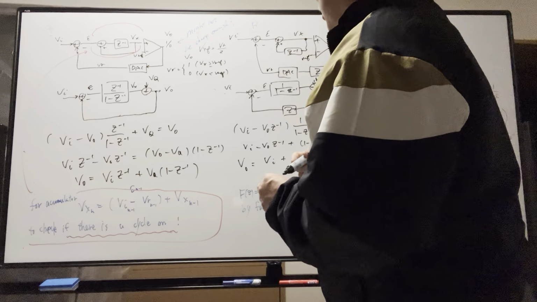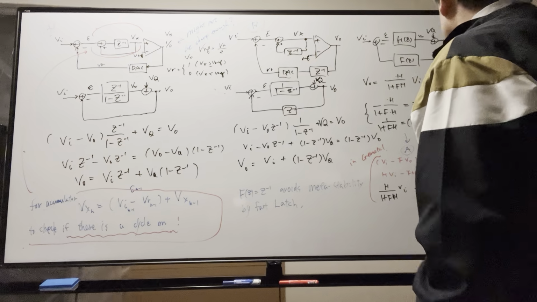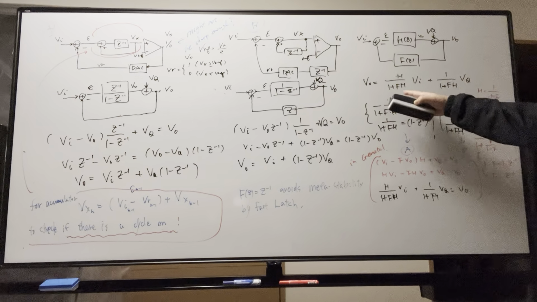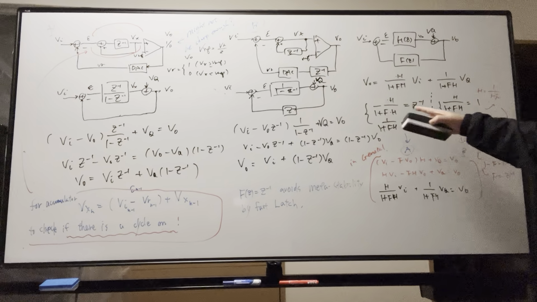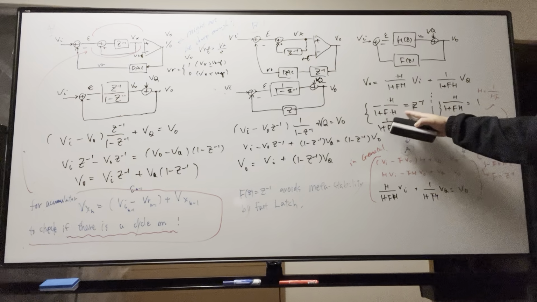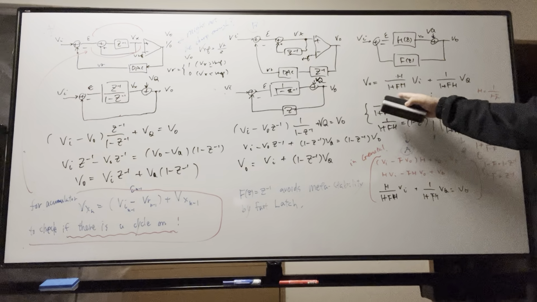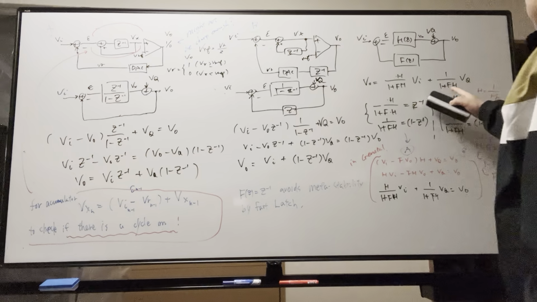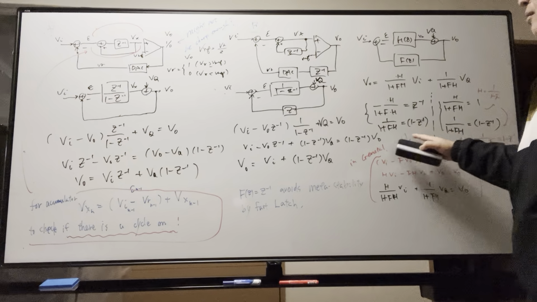I'd like to explain with this case A. In general, these H and F are for A. For this, this is the minus 1, this is the minus 1. For this, 1 minus z to the -1 is the minus 1.